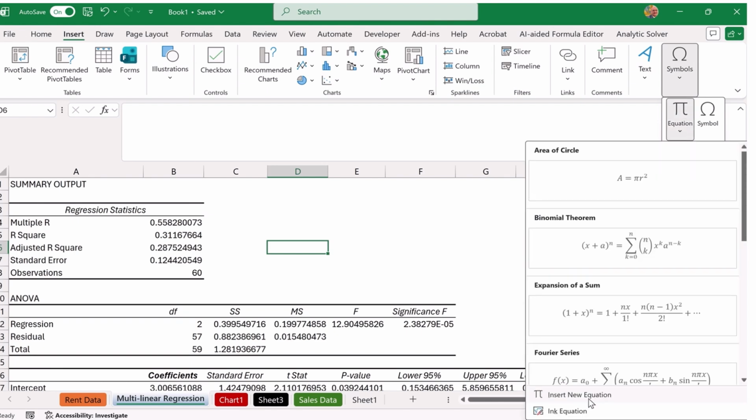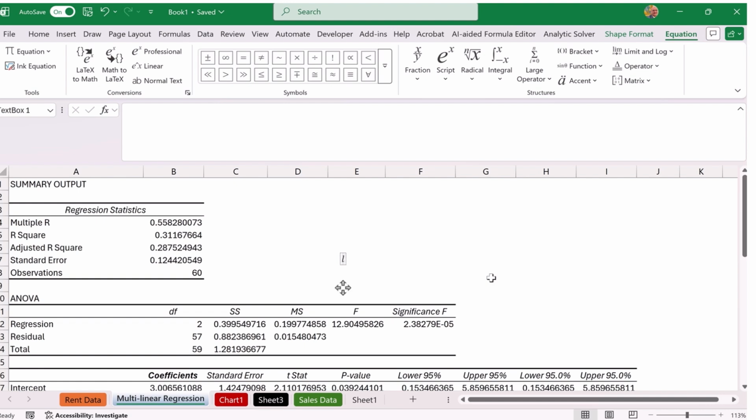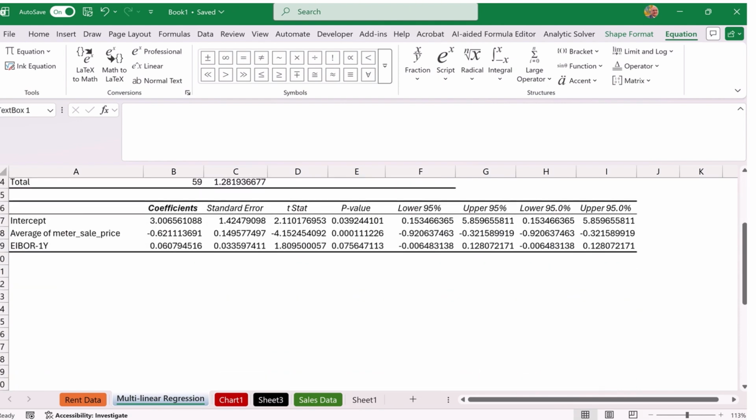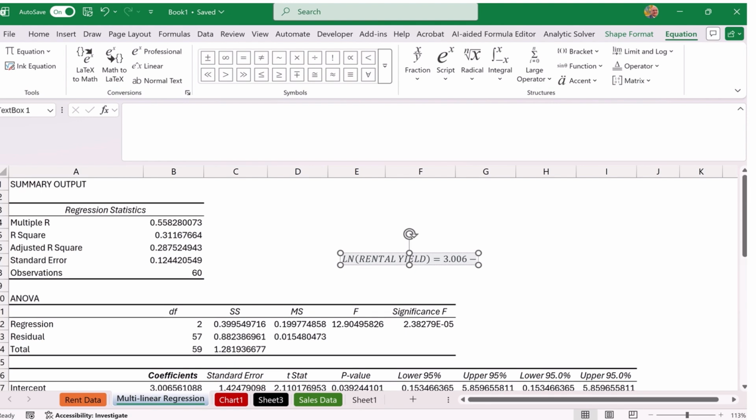The equation will be the logarithm of the dependent variable, the logarithm of the rental yield, equals a constant value, or y-intercept when x is equal to 0, of 3.006, minus 0.6211 times the logarithm of the average sales price per square meter.